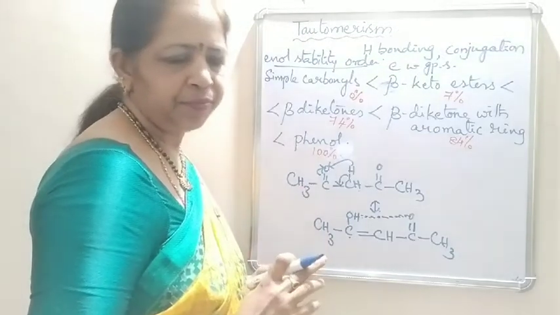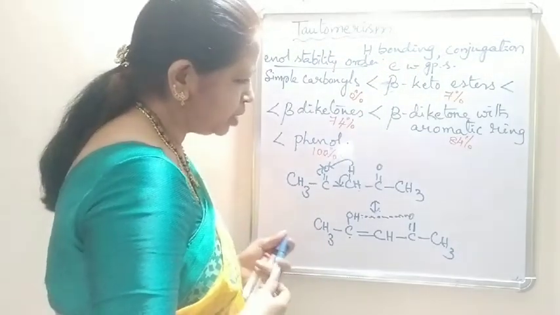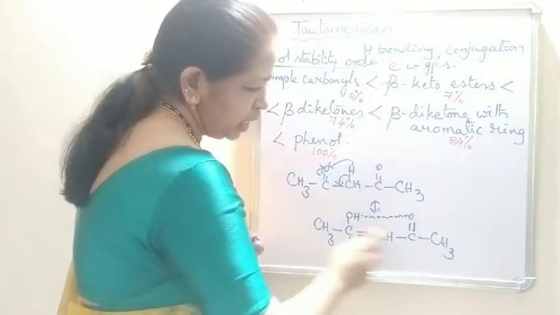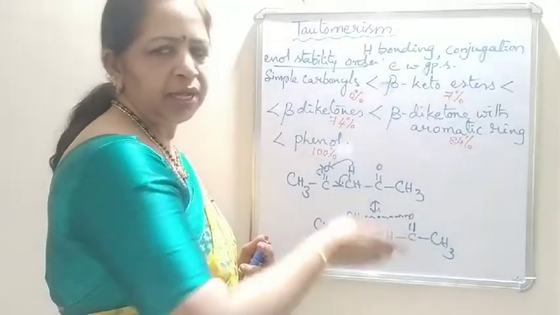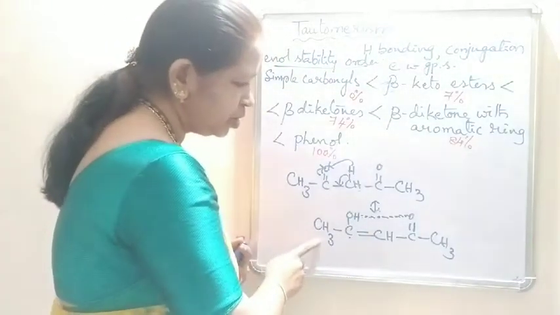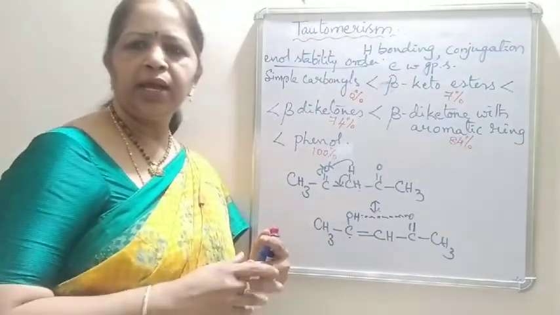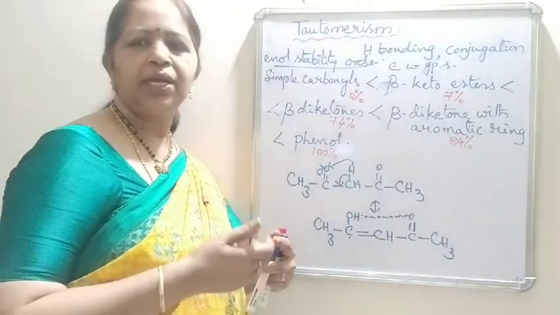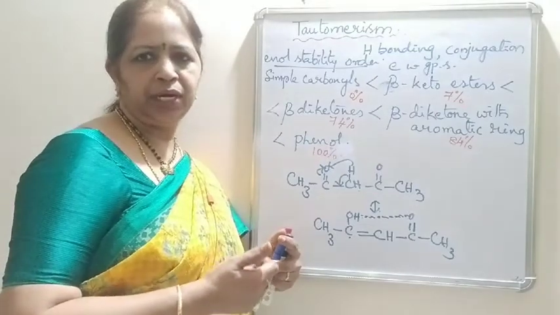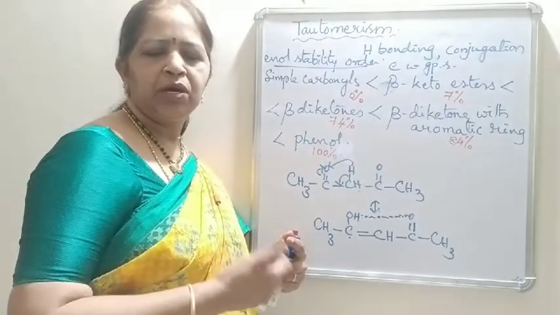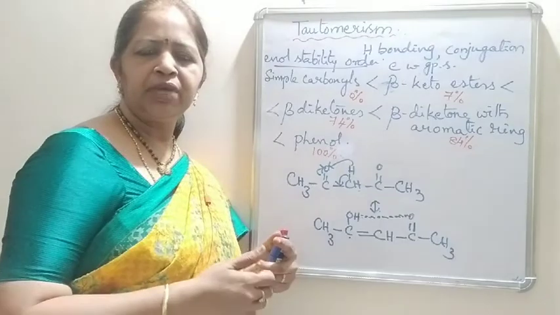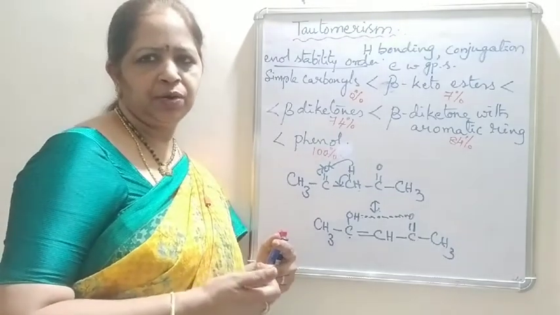What is the reason? The reason is here this is methyl group and this is also methyl group. In the earlier case it was methyl group and methoxy group. Methyl group is also an electron donating group, but a very weak electron donating group compared to the methoxy group. Methoxy group is a very strong electron donating group.